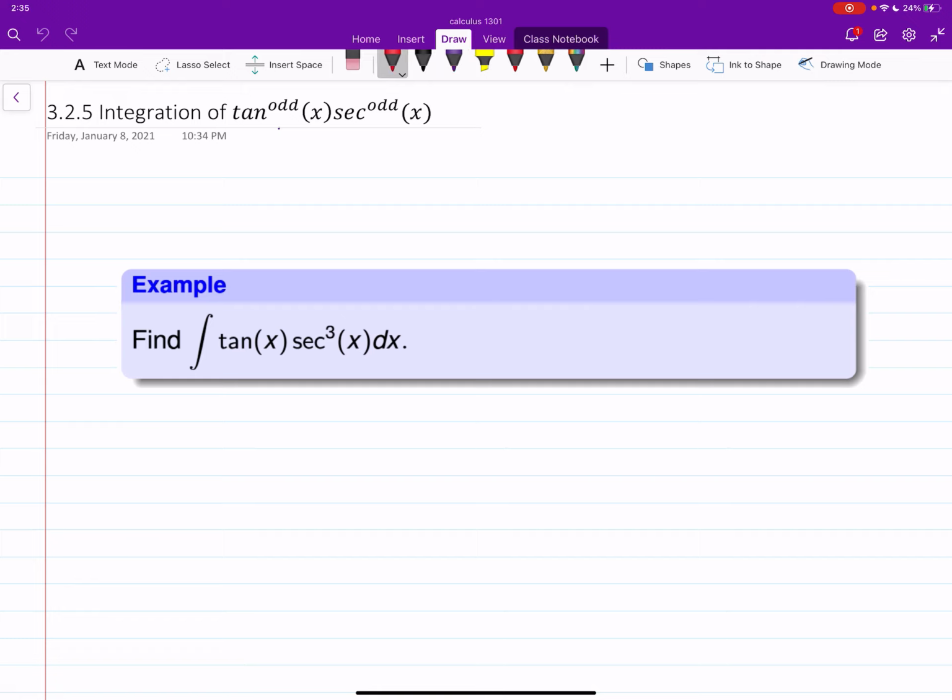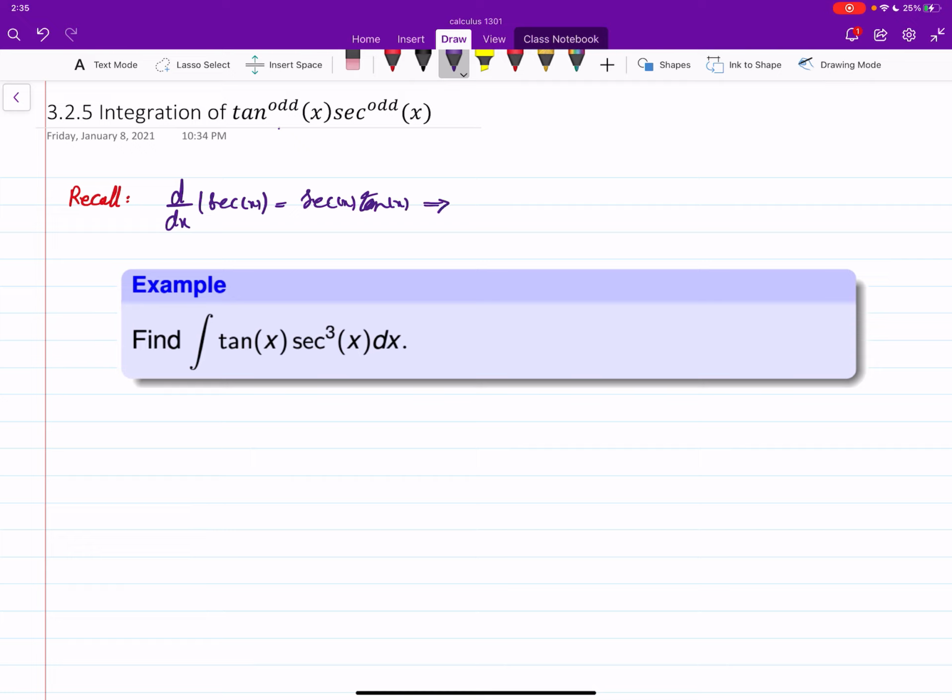Well, the first thing that I should recall here is a simple differentiation fact: the derivative of secant x is secant x tan x.